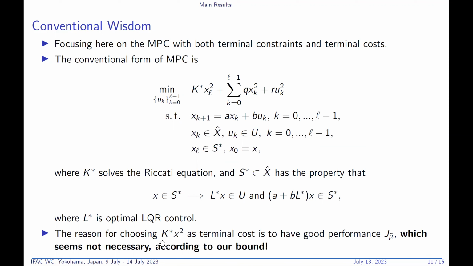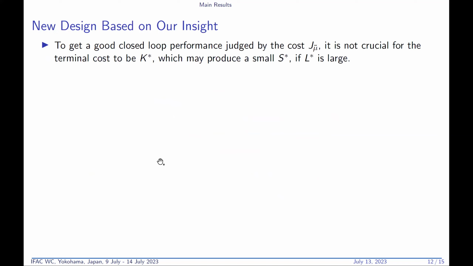The reason for choosing K star as a terminal cost is to have good performance for J mu tilde. But in view of our analysis, this seems not necessary because we can afford to have a K that is far away from K star.